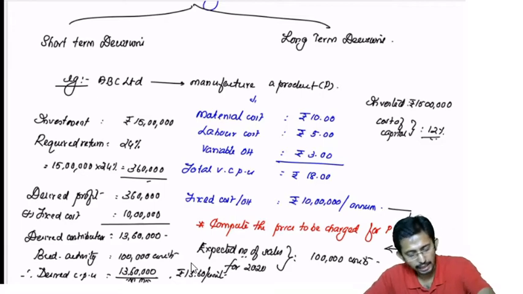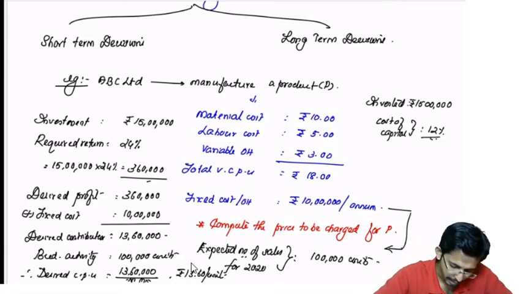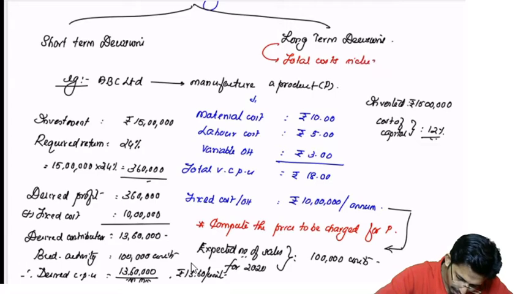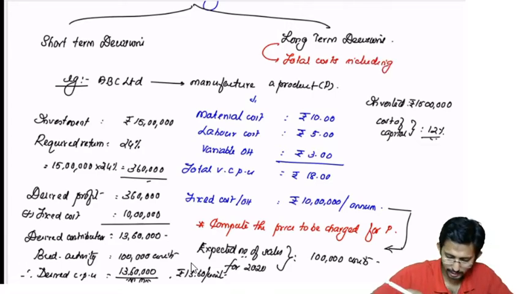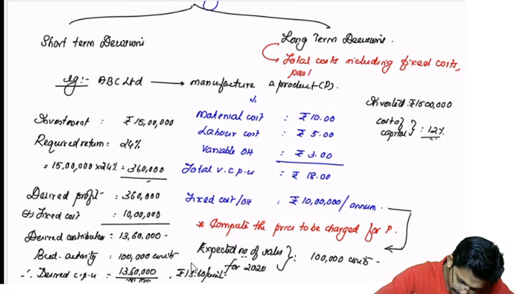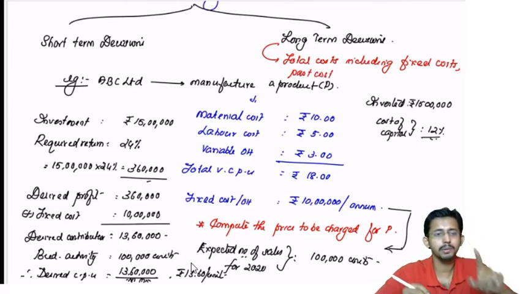Is it clear? In other words, I can tell you, in case of long-term decisions, total costs including fixed cost, past cost. What do you mean by past cost? I will explain you later.